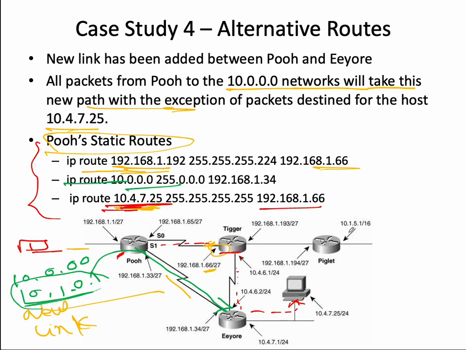And if it's 10.1.5.1, let's say a new packet came and says, hey, my destination address is 10.1.5.1, so it simply goes this way and is forwarded this way. Okay, this is how the alternative routes work.